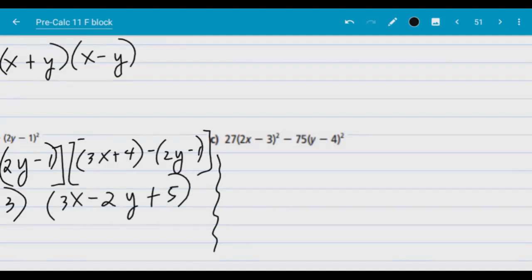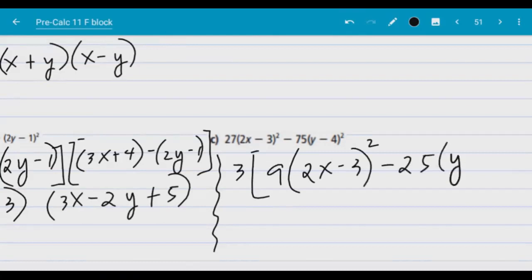So what if we factor this out? 3 times, okay, let me use a square bracket, 9 times 2x minus 3 squared minus 25 times y minus 4 squared. Okay. What did I do? This 27 became 3 times 9. This negative 75 became 3 times negative 25.